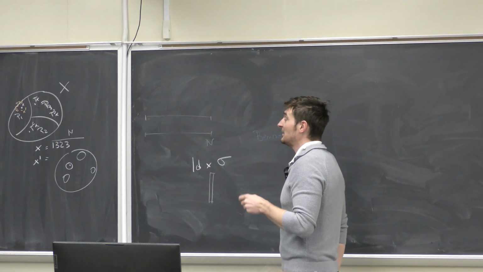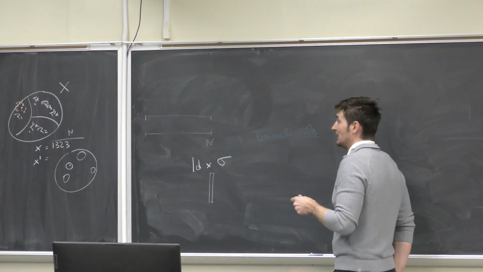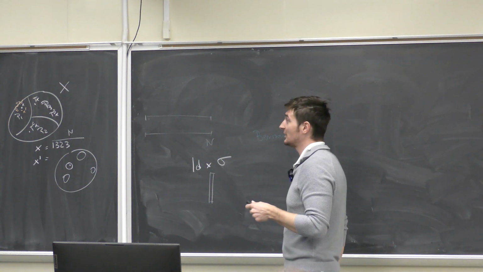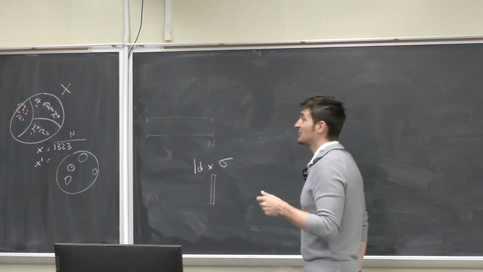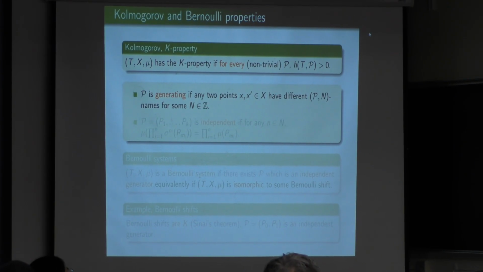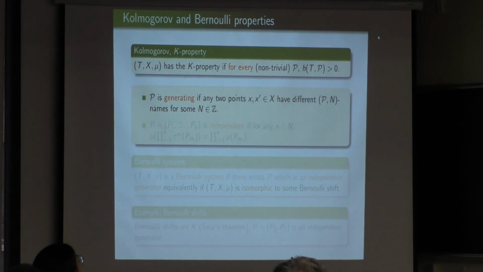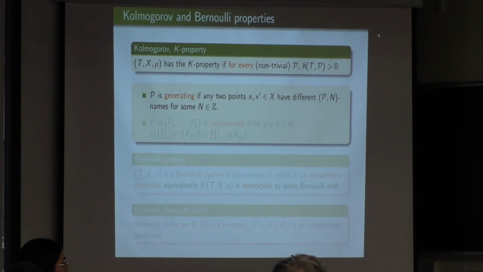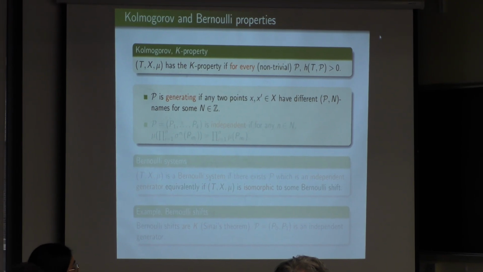Okay, so let me tell you two more. To define Bernoulli, I need to tell you what a generating partition is. So a partition of the space is generating if any two different points have different names at some point. Okay, so I can separate any two different points by the atom.